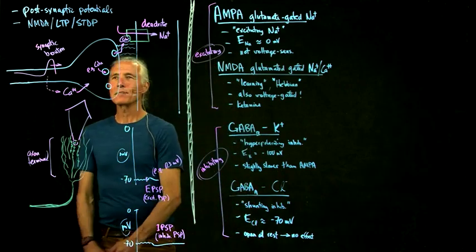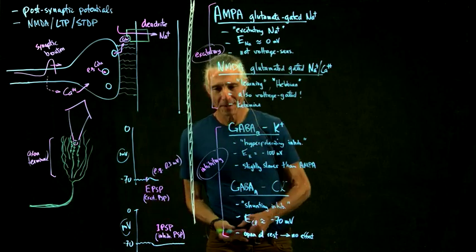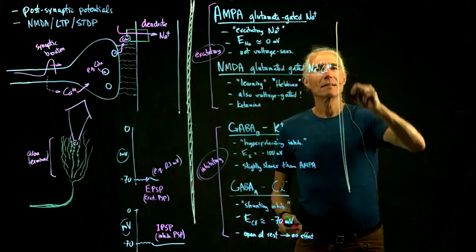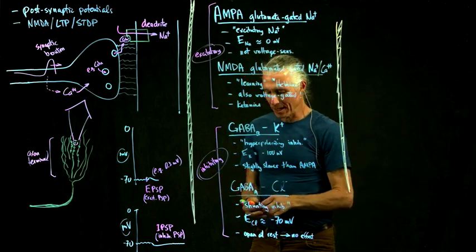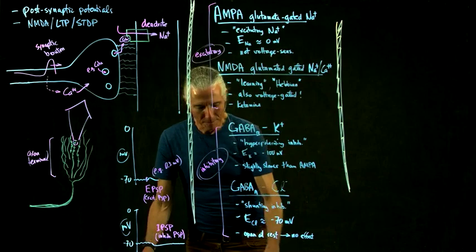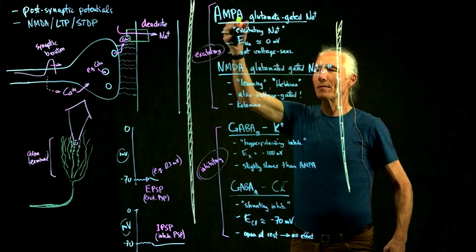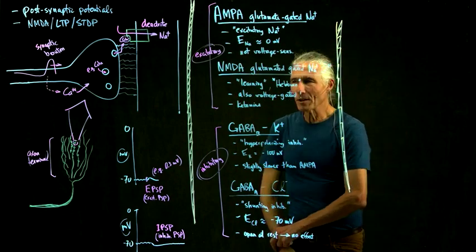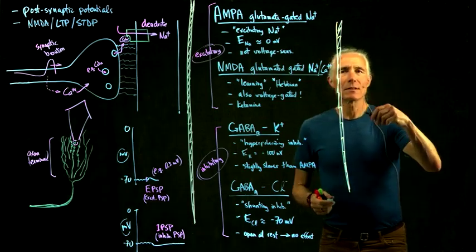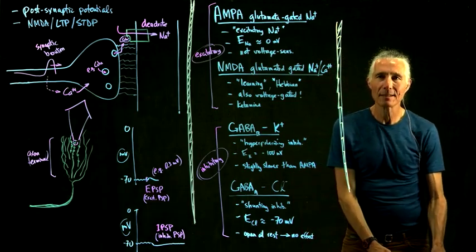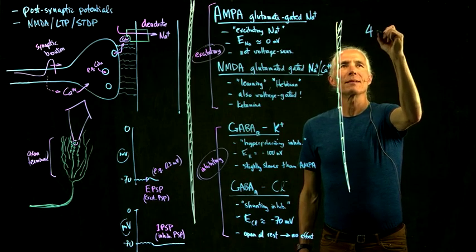Okay, so now let's turn over. It's one last thing. We should just quickly describe something that you might see. This is one way of classifying the channels, by their main function, their neurotransmitter and their main function. But we could also classify them by their actual structure, by their actual proteins. And so we'll talk about three main classes of channels. There's one class that's called the 4+1 channel.